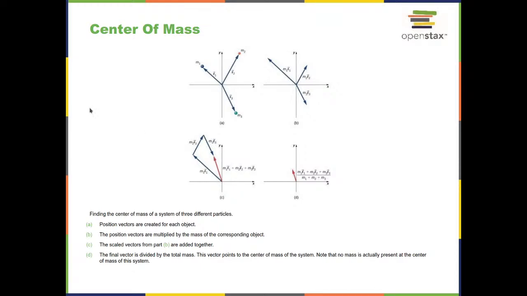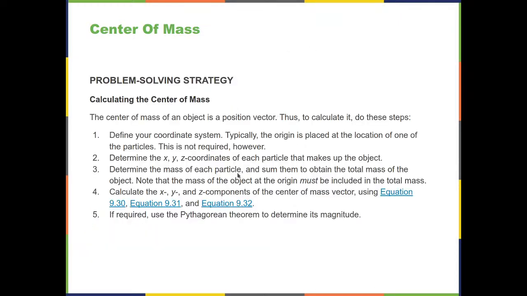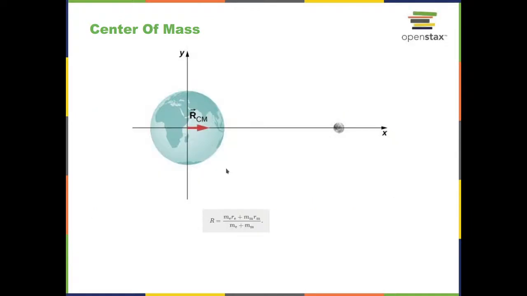So this is for three particles. One example where we're going to use this is, for example, the center of mass of the Earth and the Moon. So we have the mass of the Earth, which we can think of as being concentrated at the center of the Earth. We can have the mass of the Moon concentrated at the center of the Moon.